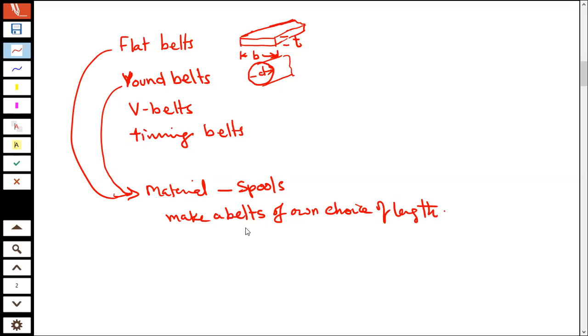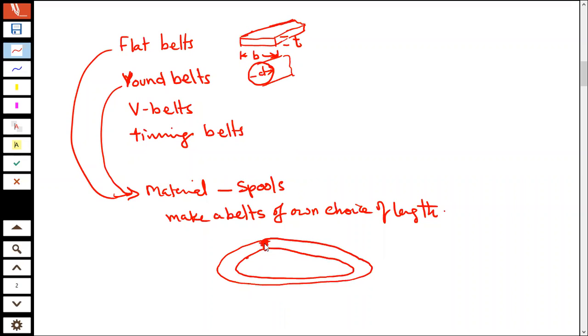So what you would do is take it from the spool and make a loop out of it like this and put a joint in there. It will be like this, you would put this joint in there, and you would have seen this joint in flat belts and round belts too.